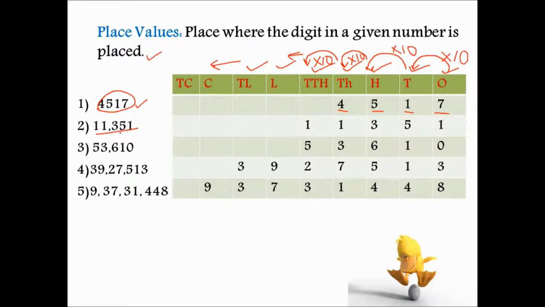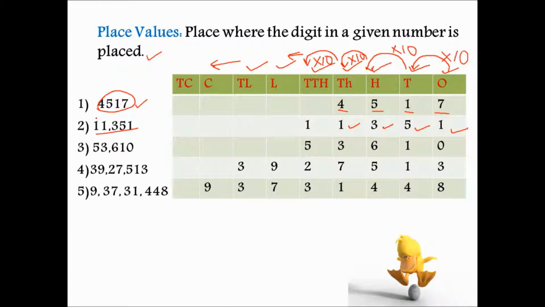Consider this number, 11,351. How do we place this number? 1 will be placed in the ones place. 5 in the tens place. 3 in the hundreds place. 1 in the thousands place.